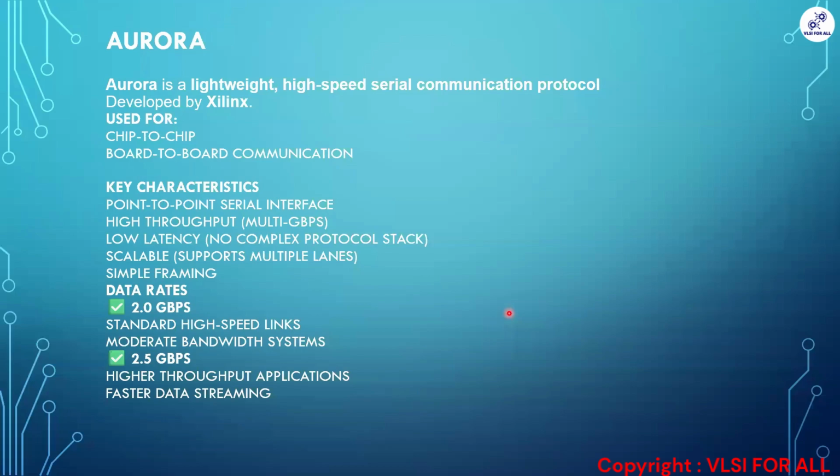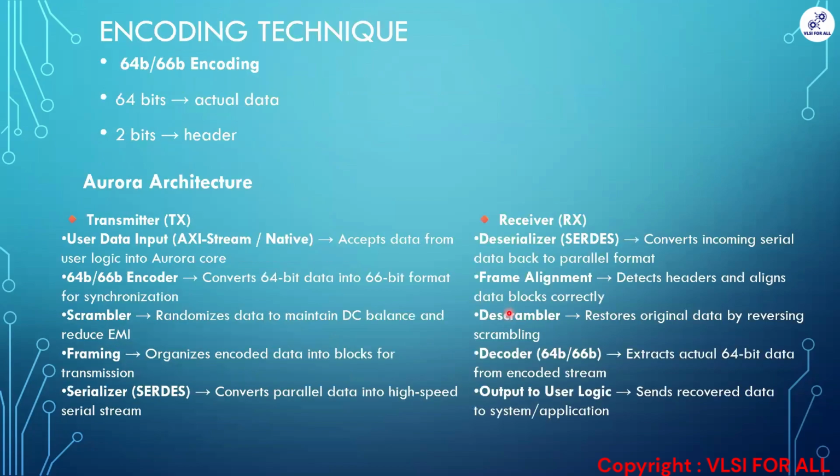Data rates Aurora supports are 2 gigabits per second and 2.5 gigabits per second. Coming to the encoding technique, we have 64B/66B, which means the actual data will be 64 bits and 2 bits will be the header. And we have the Aurora architecture on the TX side.